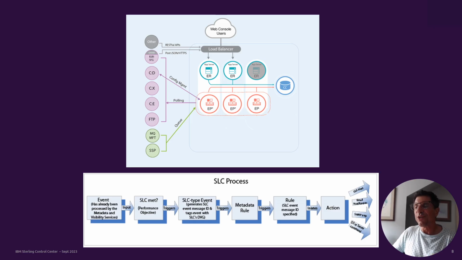But events go to the data visibility group, then to the metadata rule, then to the rule service, and also to the SLC service, where it looks to see, are there any SLCs that match this event? And if so, it handles it. And if there are SLCs active looking for events that don't get them, then did not occur events are produced, and they go through the rule service, and other actions can be taken.